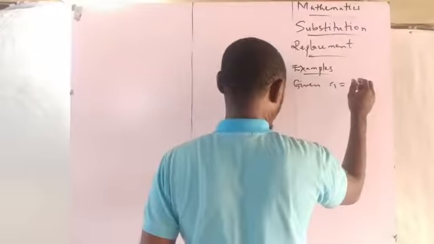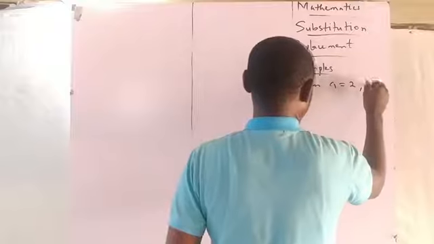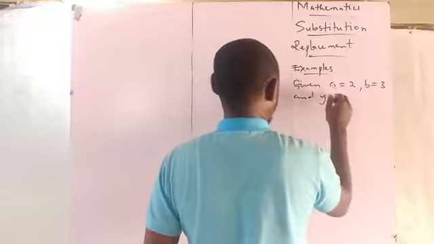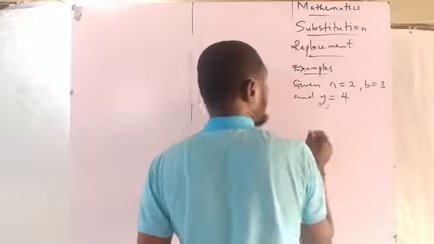Given A is equal to 2, B is equal to 3, and Y is equal to 4.